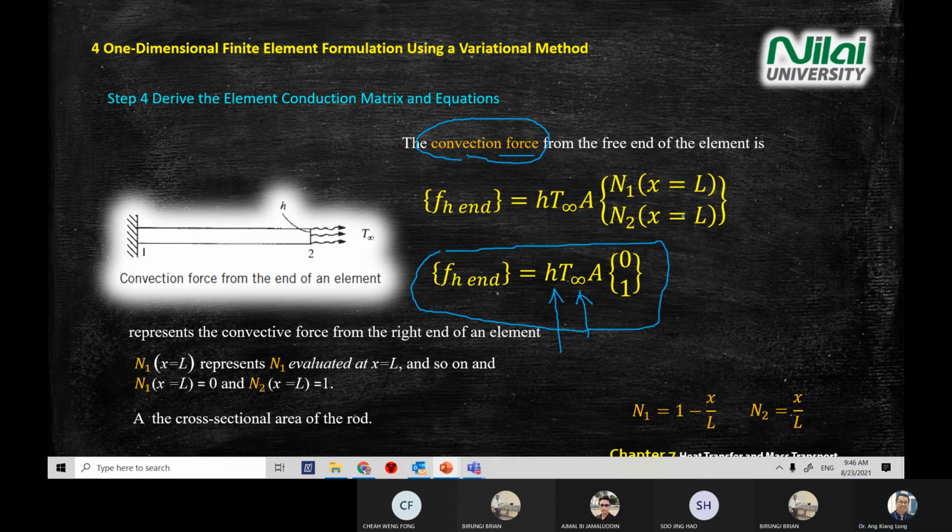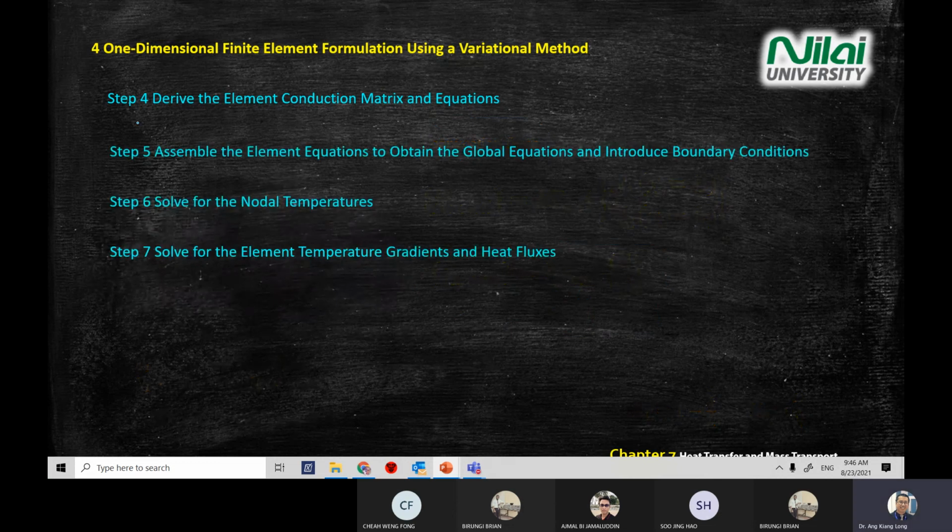So then the rest, steps 4, 5, 6, are the same as what you learned in chapters 2, 3 and 4, even 5 and 6. You find the individual matrix, you combine them, then you get the global matrix. You apply boundary conditions, you reduce the matrix and solve the remaining matrix.